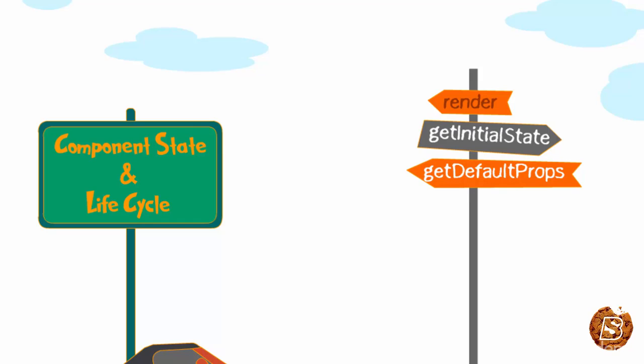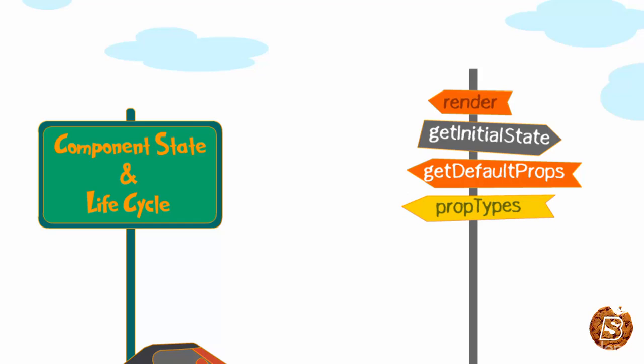Now this one is invoked once and cached when the class is created. This method is invoked before any instances are created and thus cannot rely on this.props. In addition, please be aware that any complex objects returned by getDefaultProps will be shared across instances, not copied.